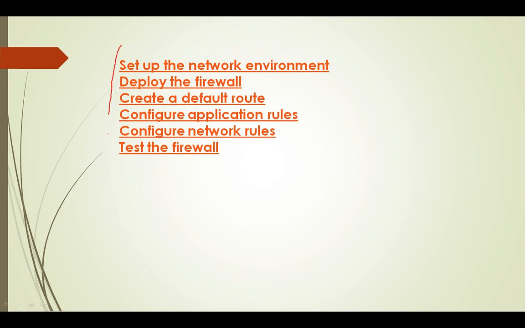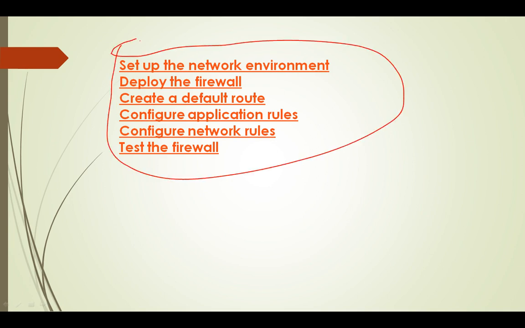To make it happen, what do we need to configure here? First of all, we have to design a network, set up a network environment, and deploy a firewall. Then we will have to create one default route so that communication can happen. In this video I will create one application rule and one network rule.